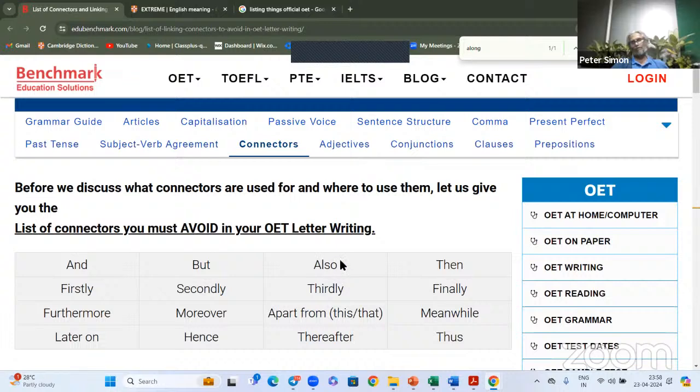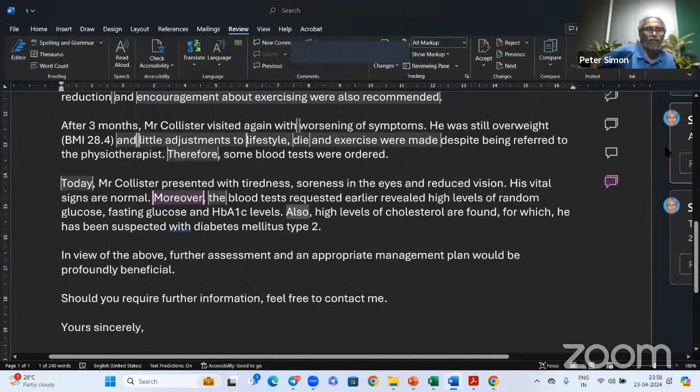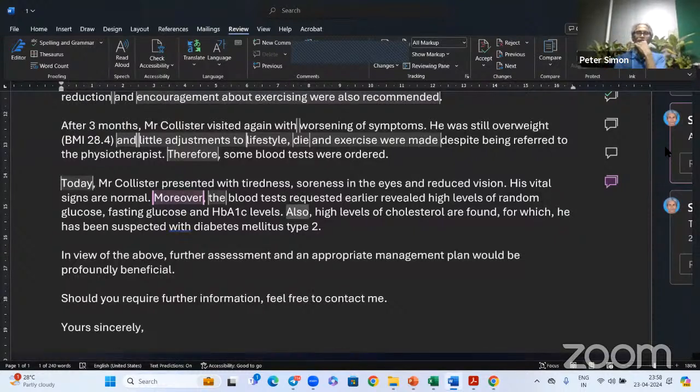Many people write like this. They say, okay, not excellent. So also should not be in capital letter. Why do you want to write also in the first place? Avoid the word also in the beginning of a sentence. Just start: high levels of cholesterol are found.